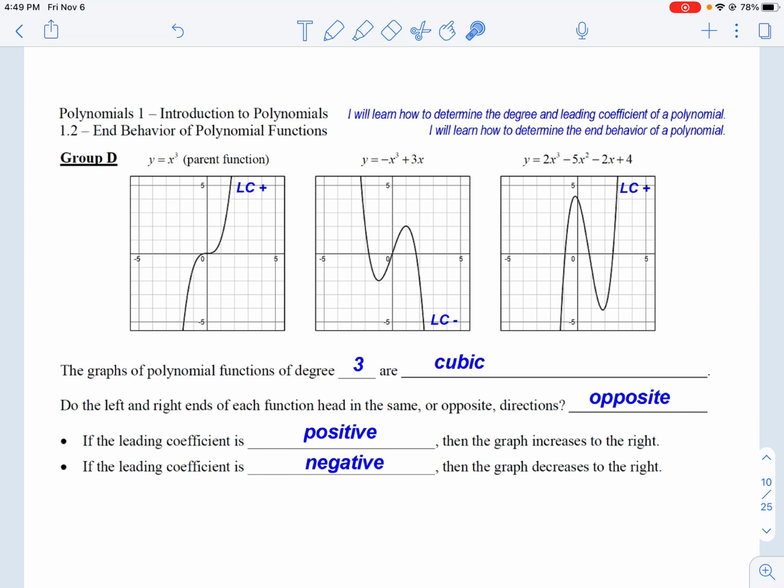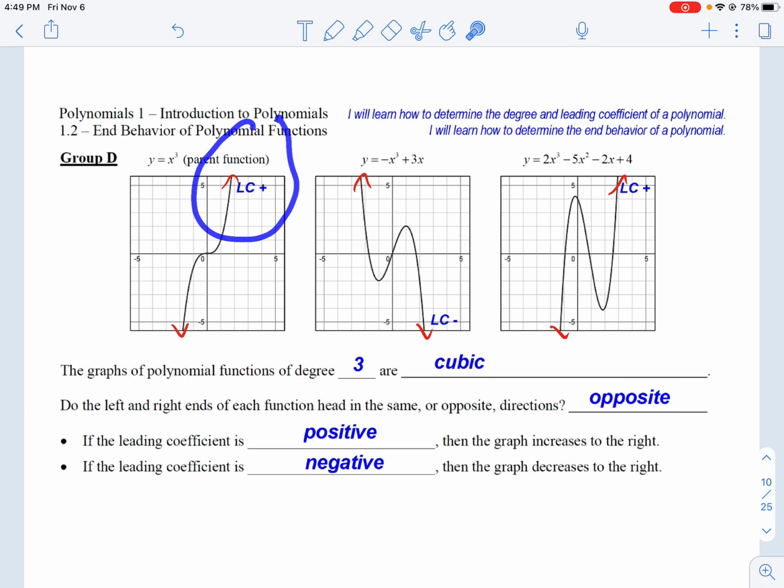Okay, moving on. We have here the graphs of a polynomial function with a degree of 3, called cubic graphs. Do the left and right ends of each function head in the same or opposite direction? I think you can now tell that they head in different directions, right? On the right, it's up, but on the left side, it's down. So if the leading coefficient is positive, the graph increases to the right.